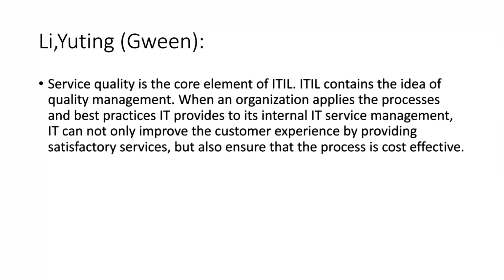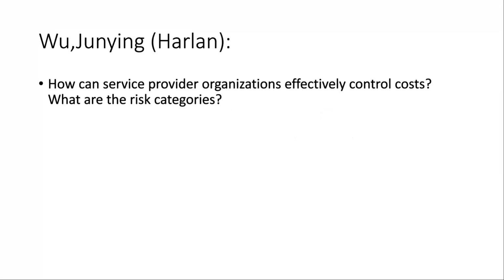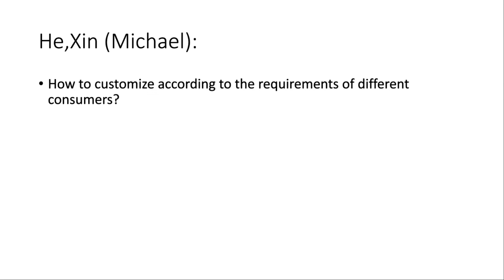Okay, service quality, can skip this. Control cost through process improvement. Okay, risk categories. There's a lot, and we can just mention that as we go along because there's a lot. Okay, how to customize according to the requirements of different consumers?